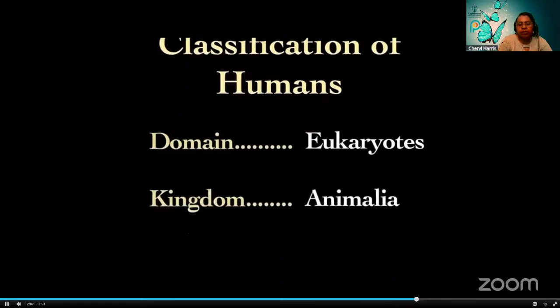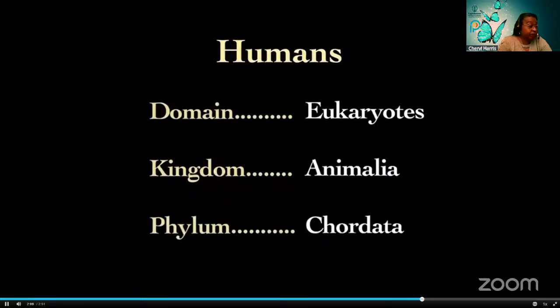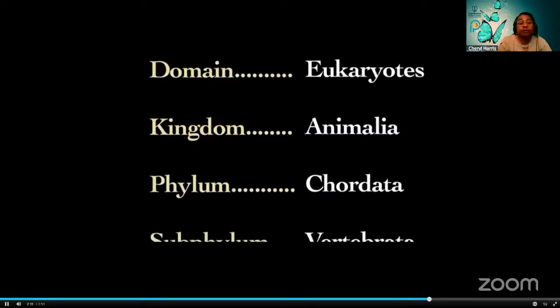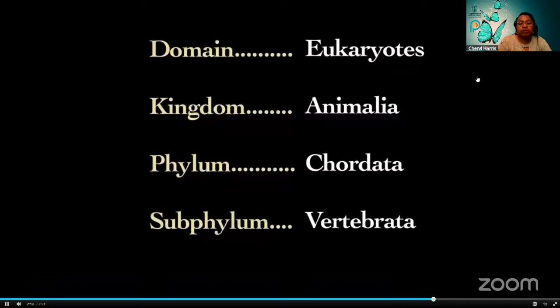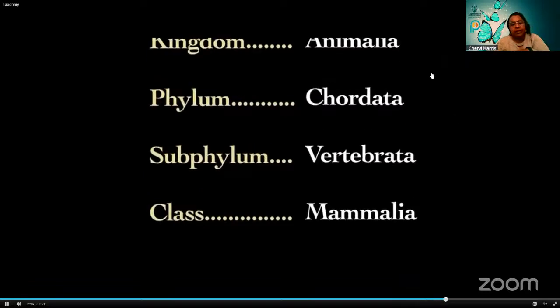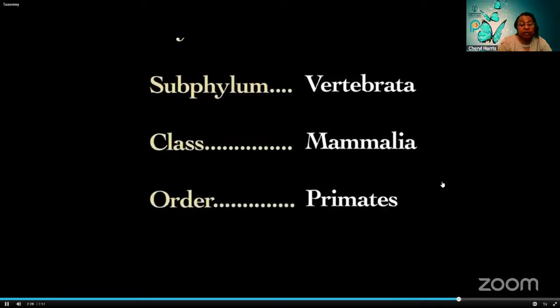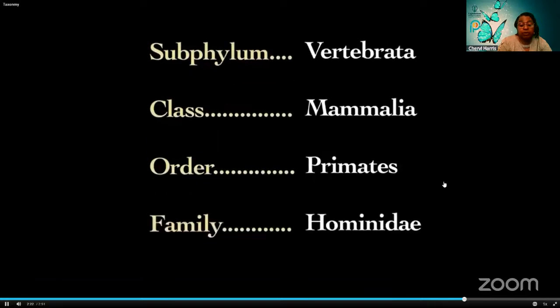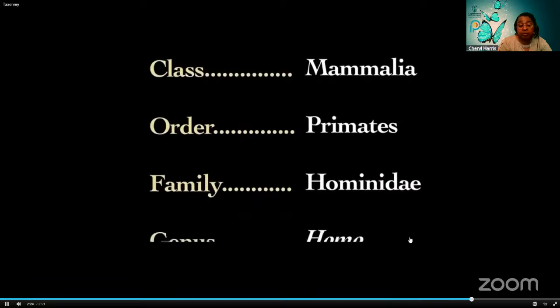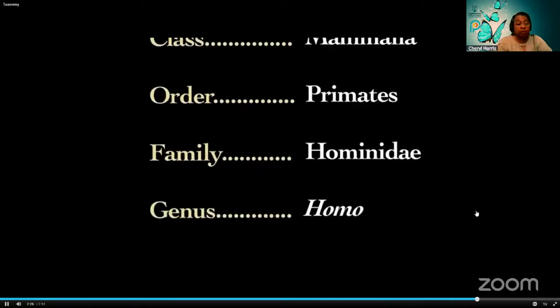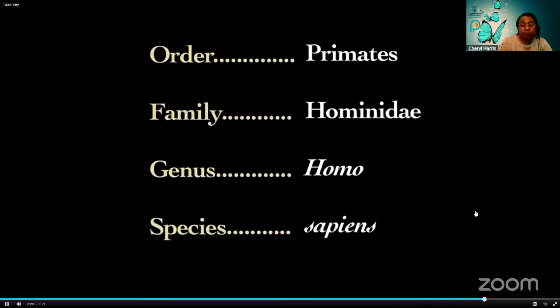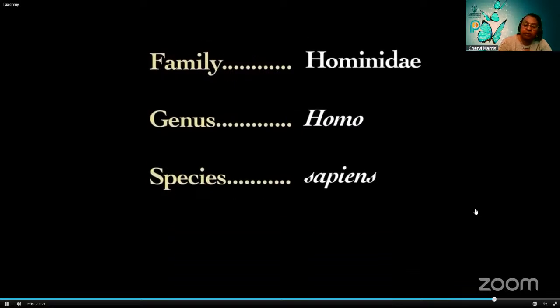What this is showing you is the classification system like I showed you on that triangle. The largest group is a domain, and they're giving you an example. You could put these names in the spaces, but then that wouldn't help you. Actually, no, you can't because those are the kingdoms.